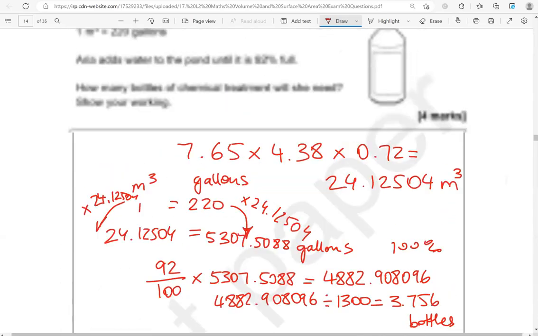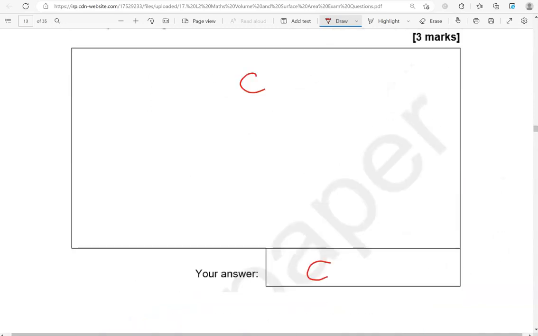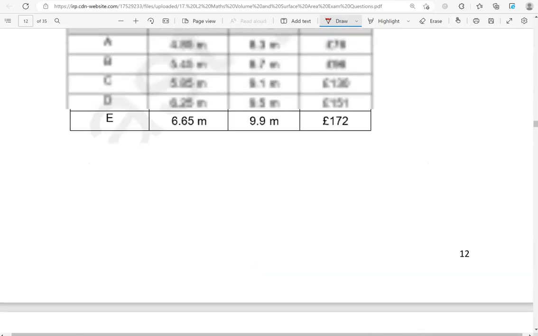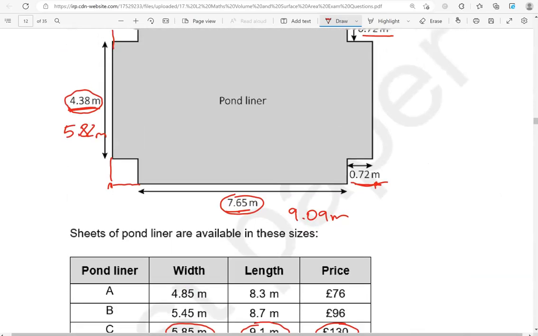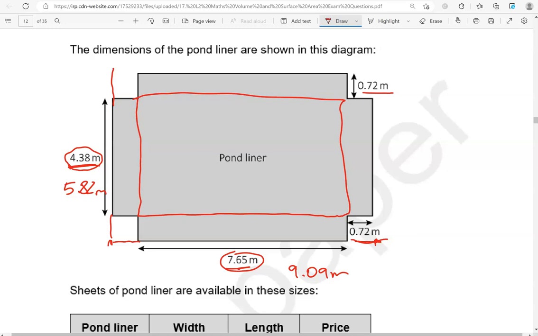So I'll go back to the dimensions. So if you imagine, this will be top of the pond, and that will be 7.65 by 4.38.